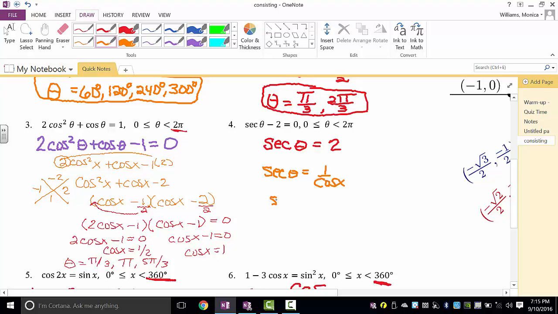So if secant theta equals 2, the inverse of it would be for cosine theta would have to equal 1 over 2. So we're looking around a unit circle and we're looking for all angles in radians where cosine equals 1/2. And that is pi over 3 and 5 pi over 3.